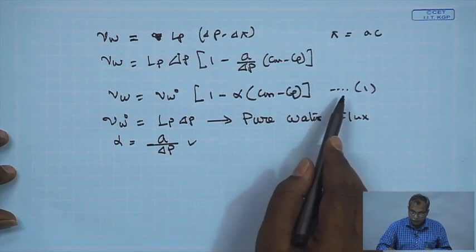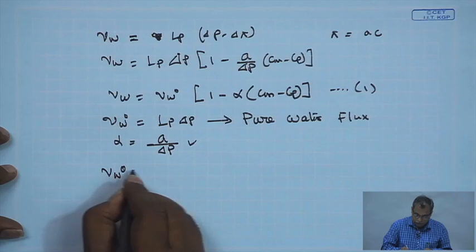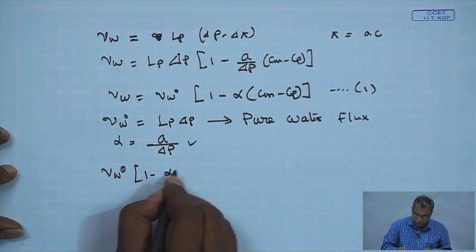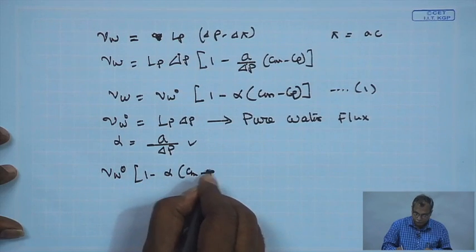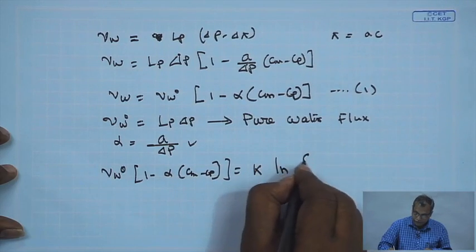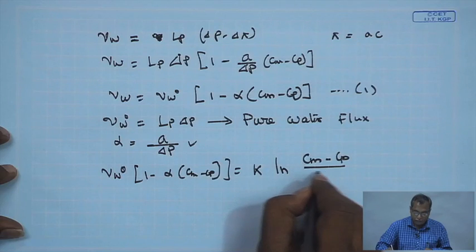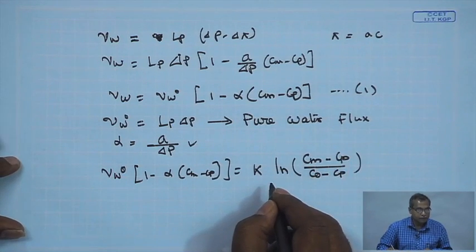Then we will be equating this with the film theory equation. So, Vw naught (1 minus alpha (Cm minus Cp)) will be equal to k ln((Cm minus Cp) divided by (C naught minus Cp)).